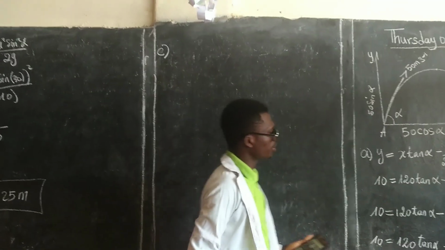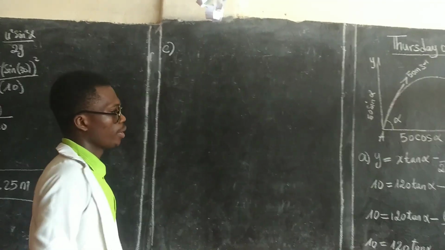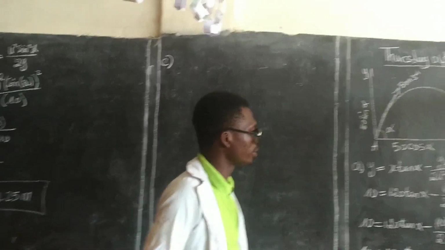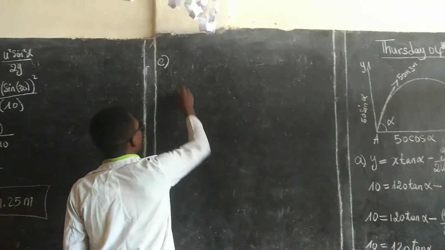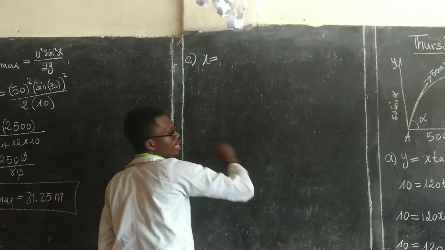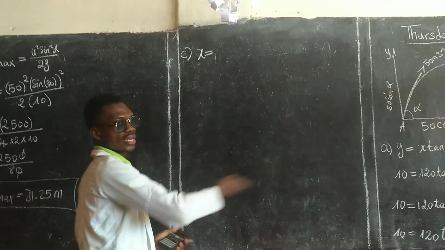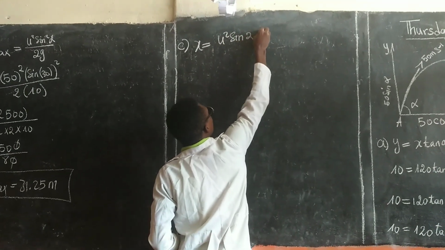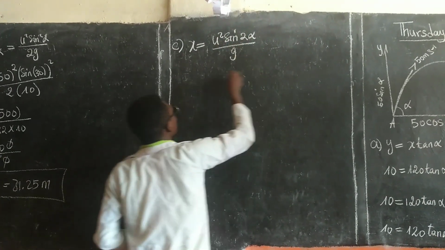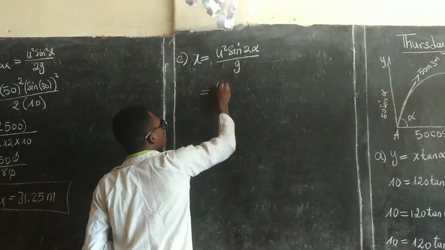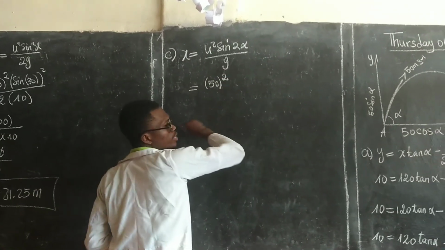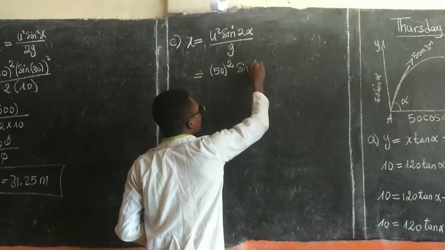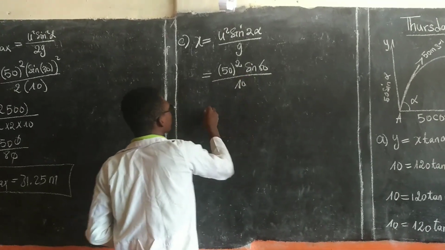Finding the range. He said find the range of the particle on the horizontal plane through the point of projection. So now the range, this x, the horizontal distance moved, is given by u squared sine 2 alpha on g, which is going to be equal to 50 squared sine 2 alpha, 2 times 30 is 60, on g.